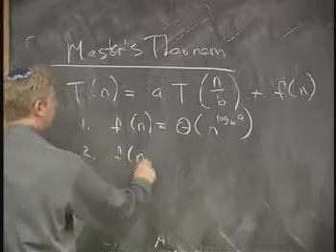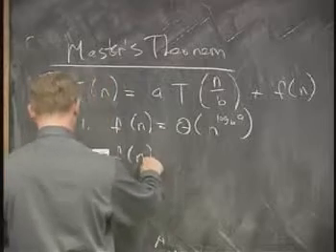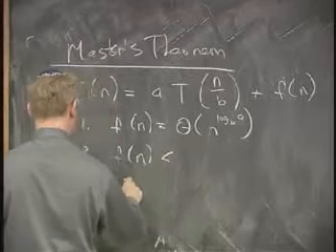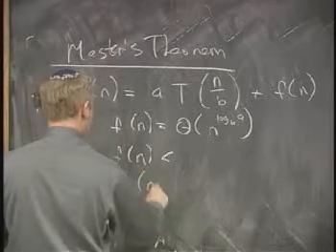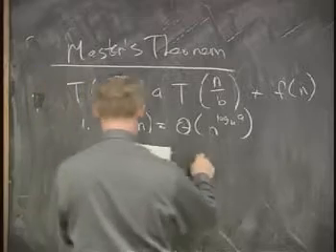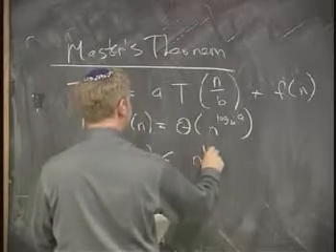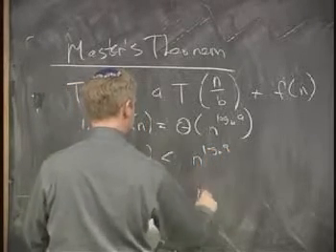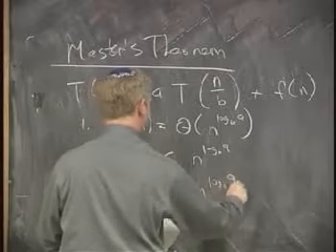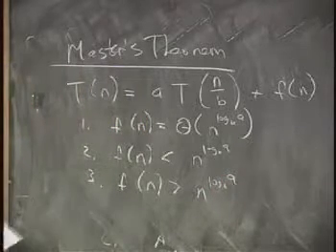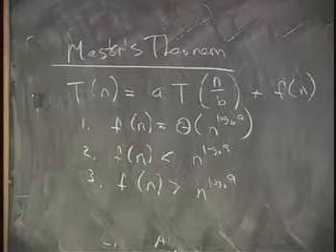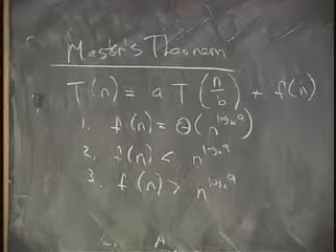Let me just write down the other cases. By bigger and smaller here, I mean asymptotically bigger and smaller. Three cases. Either they're the same asymptotically, or one's smaller or one's bigger.